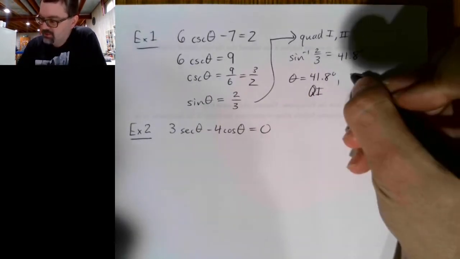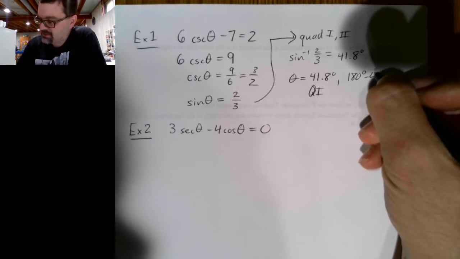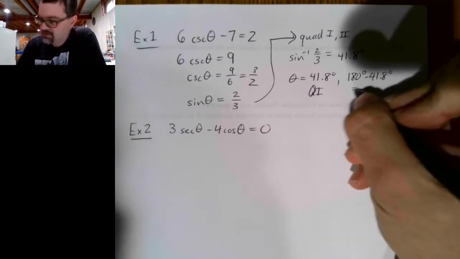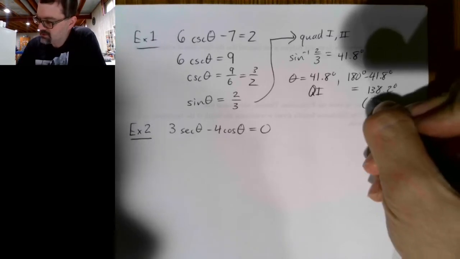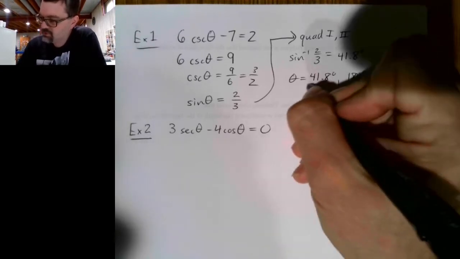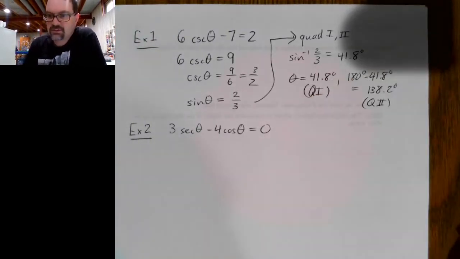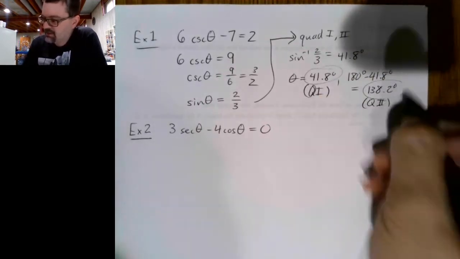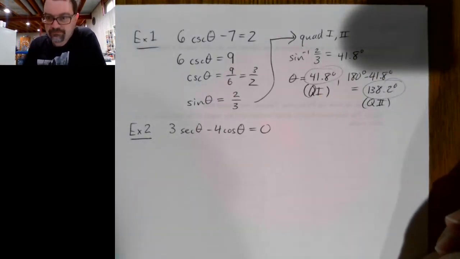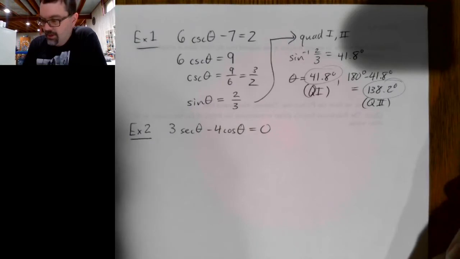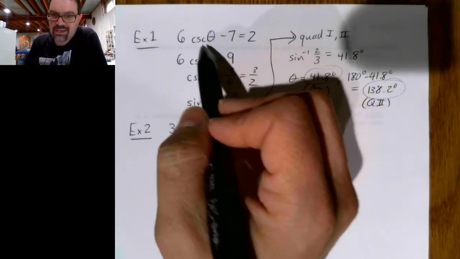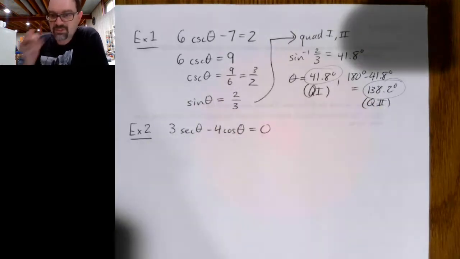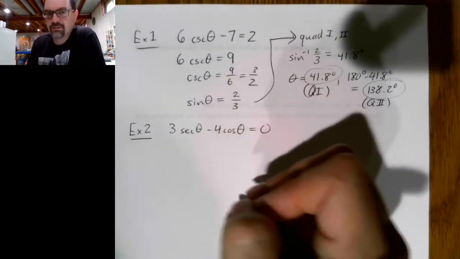In quadrant 2, you do 180 minus the reference angle, which in this case would be 138.2 degrees. So there's your quadrant 2 solution. And there you go, 2 answers, one right there and one right there. So sometimes when there's another trig function involved, it's just a matter of getting it by itself and doing a reciprocal to turn it into a function that you're used to using.